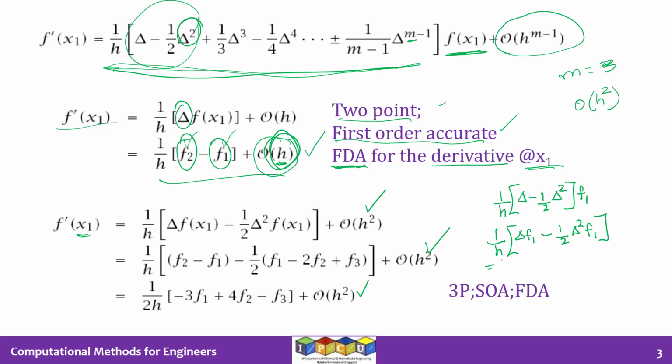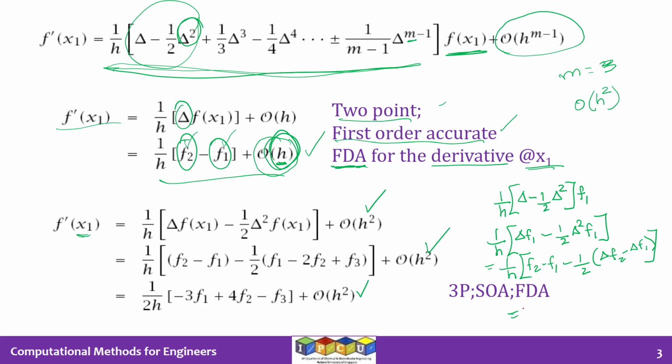So this is going to be equal to 1 by h, delta of f1 is f2 minus f1, minus half delta of f2 minus f1, because delta squared f1 is delta of delta of f1, and delta of f1 is f2 minus f1. So I can write it as delta of f2 minus delta of f1.